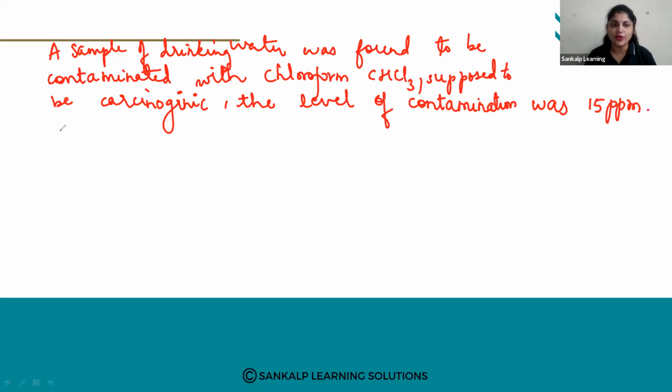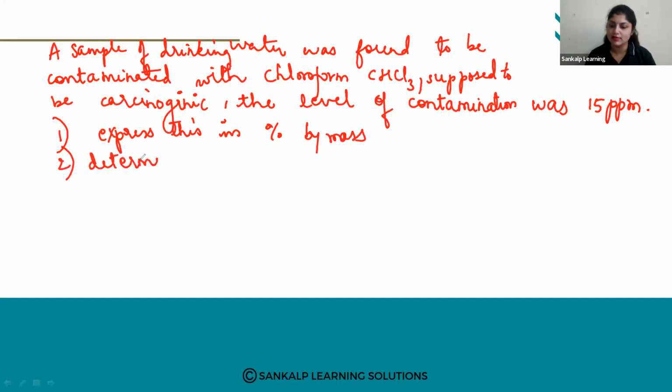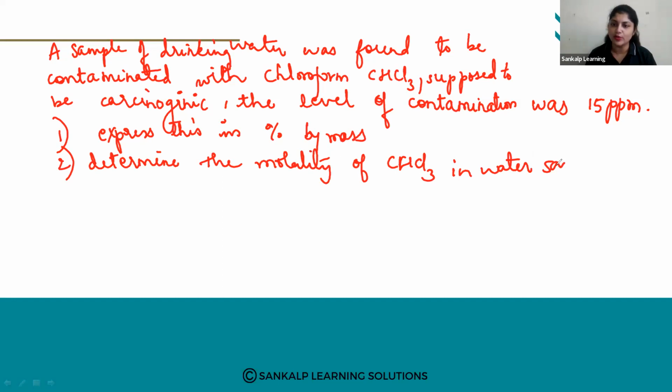What you have to do is express this in percent by mass, and second, determine the molality of chloroform, CHCl3, in the water sample. So these are the two questions.